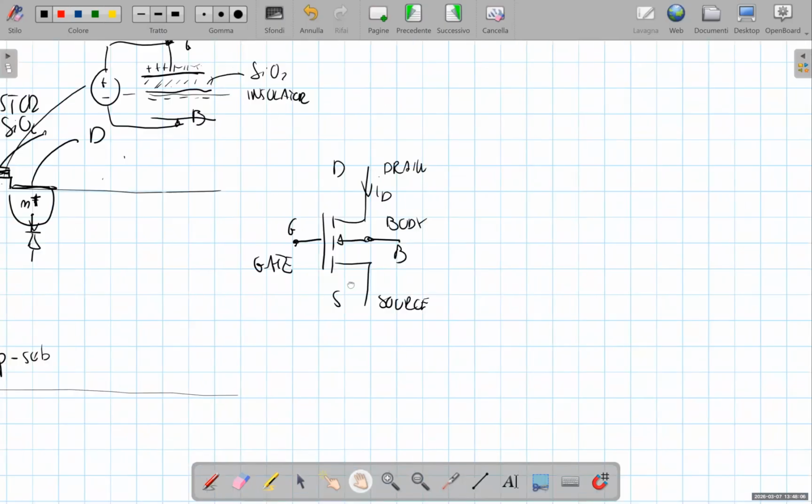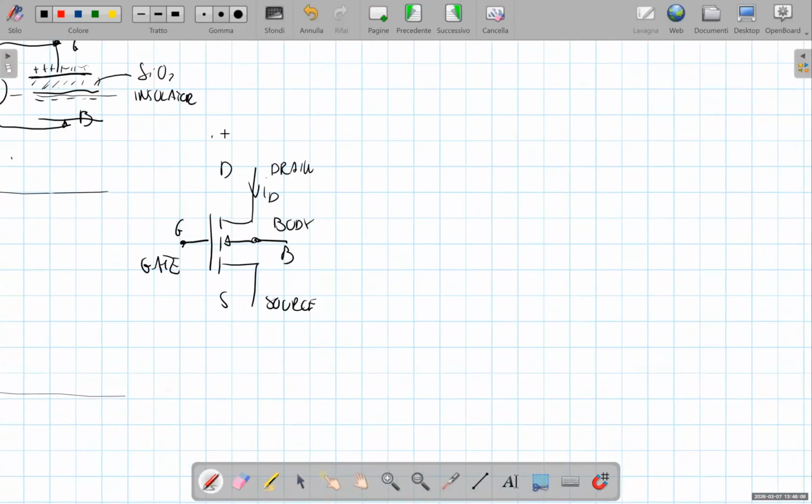Actually, this is the full symbol of the NMOS transistor. In digital electronics, the body terminal of an NMOS transistor is always connected to the lowest potential of the circuit, and for the sake of simplicity, it is not indicated in the symbol.